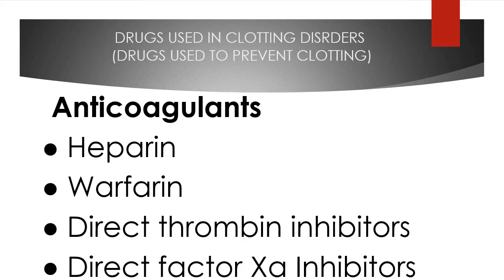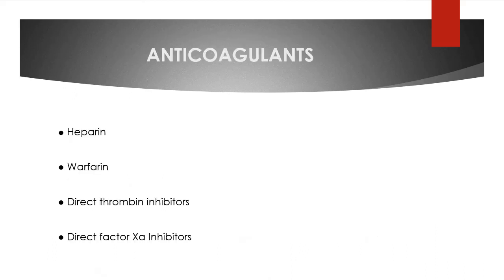Fibrinolytics or thrombolytics include streptokinase or TPA derivatives, whereas antiplatelet drugs include aspirin, ADP receptor inhibitors, glycoprotein inhibitors, phosphodiesterase enzyme inhibitors, or adenosine uptake inhibitors. Anticoagulants which we are going to study in this lecture are heparin, warfarin, direct thrombin inhibitors, and direct factor Xa inhibitors.